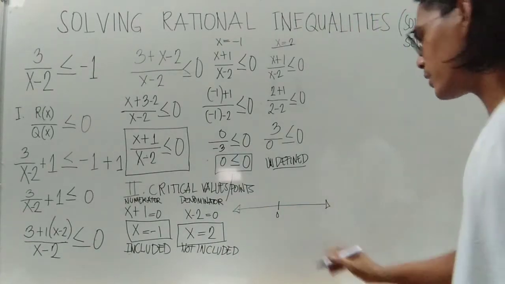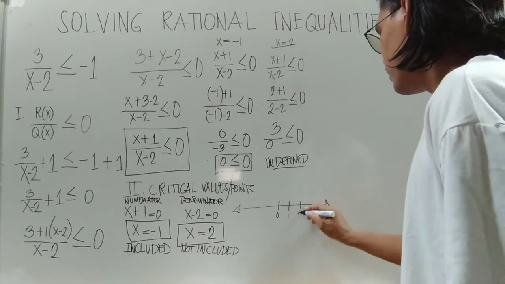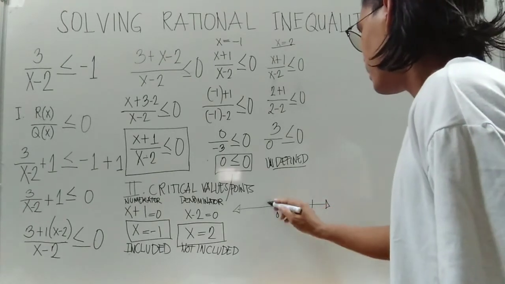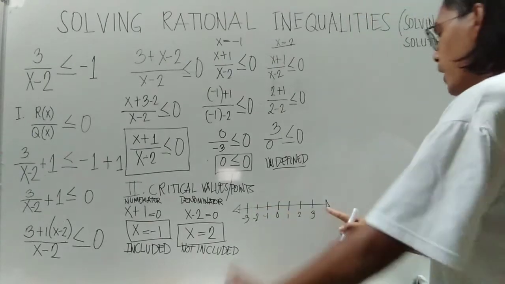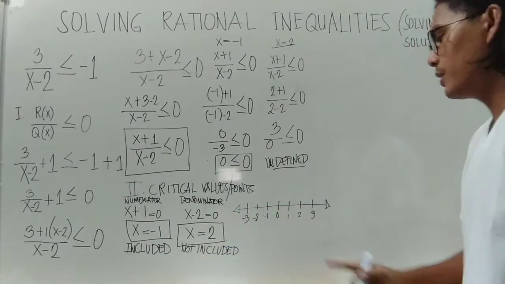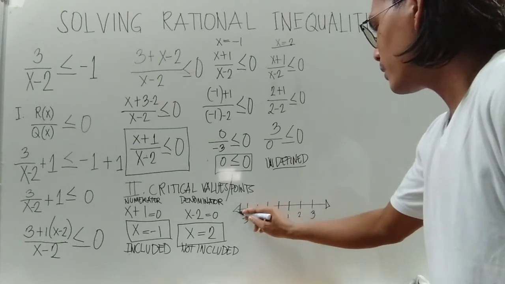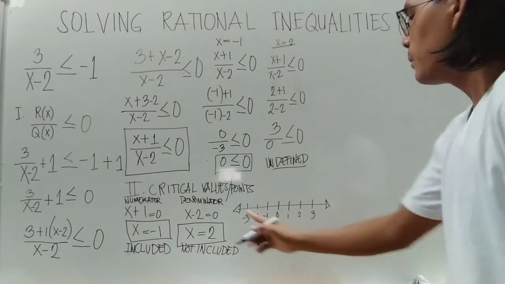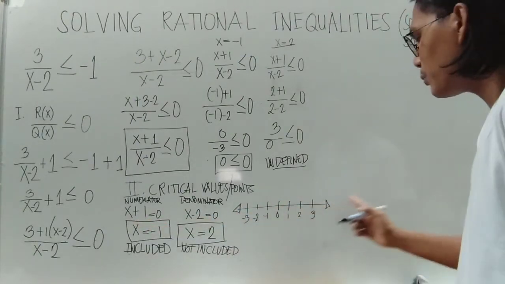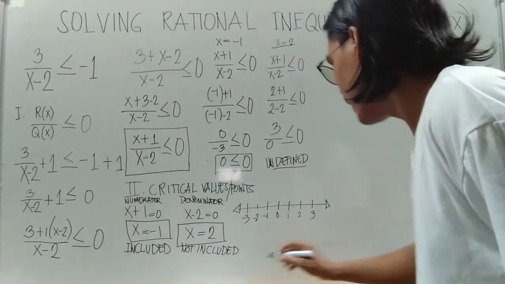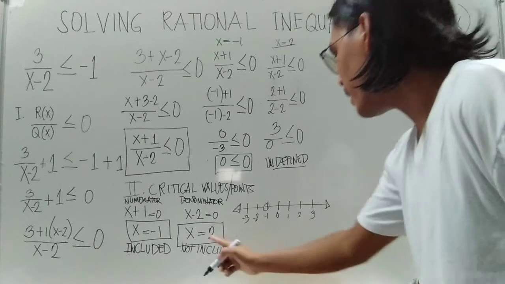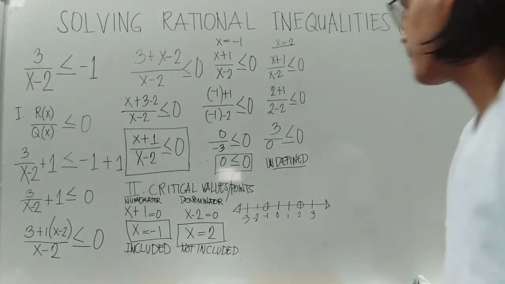of course, 0 is in the center. Then we have 1, 2, 3, and negative 1 on the other side, negative 2, negative 3. The arrowheads of your line graph say that it will continue on to negative infinity and positive infinity. So we will just visualize where negative 1 is and positive 2 is.